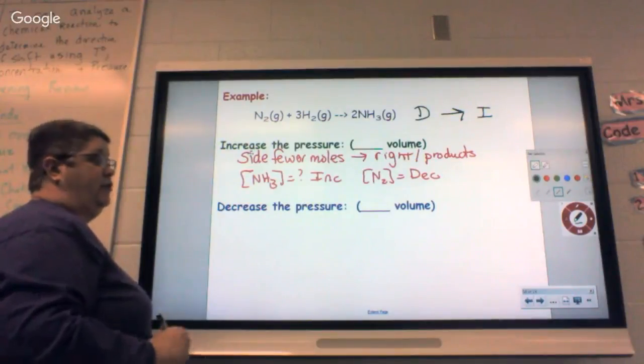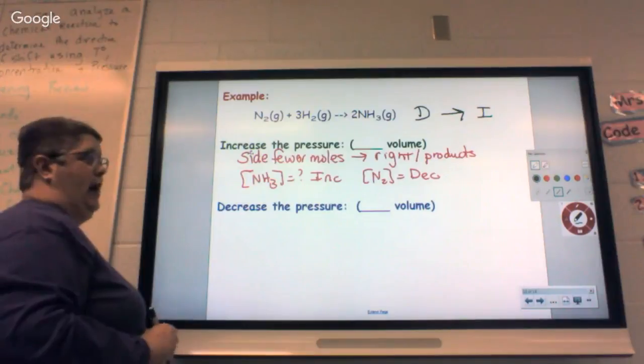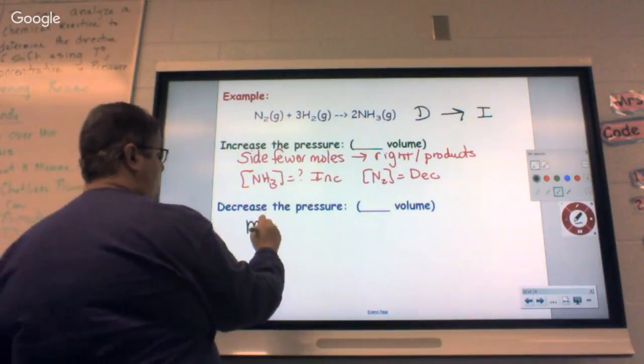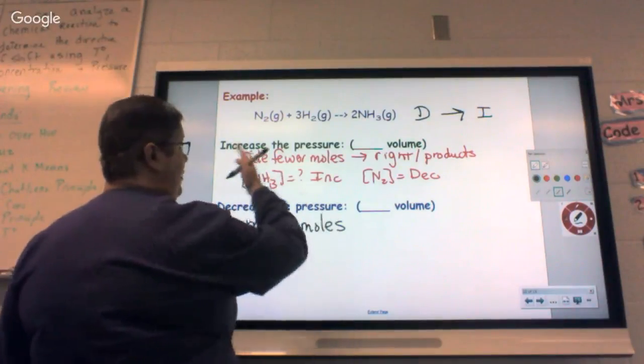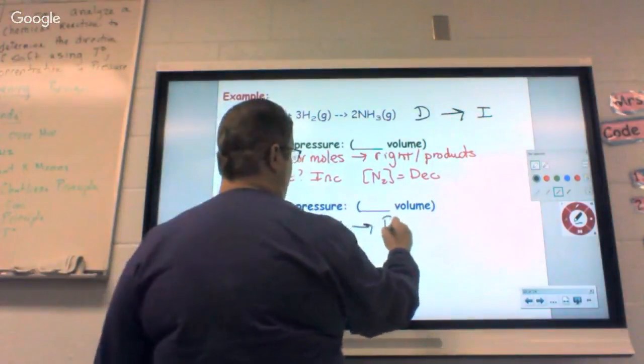Now, the flip side is true for decreasing the pressure. If you decrease the pressure, it goes to the side with more moles. Which side up here has more moles? The reactant side.